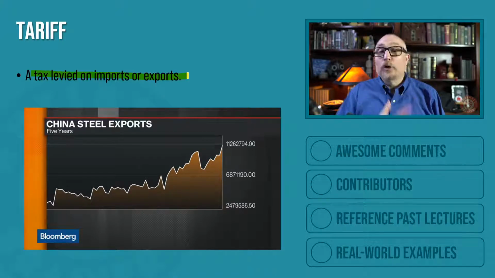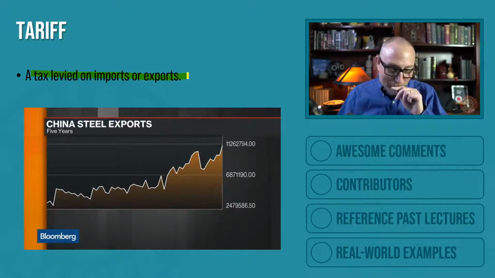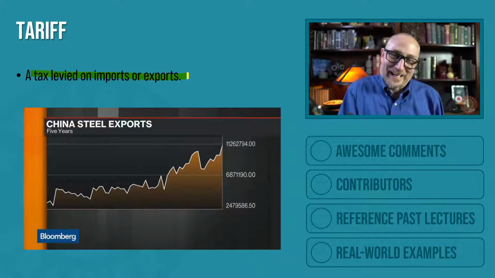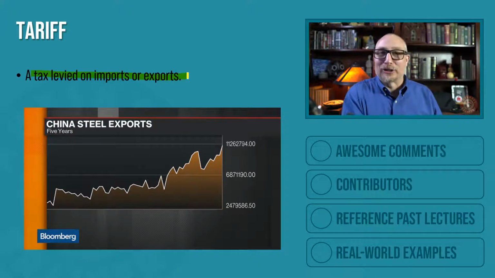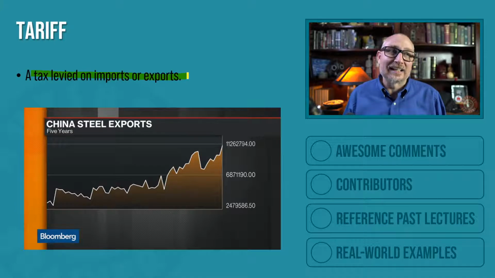So, all right, who pays the tax? Well, the conservative side will tell you, oh, well, the importer pays the tax. Whoever produced it and is importing it in is paying the tax. Well, how do they pay it? Well, they pay it by increasing the price.